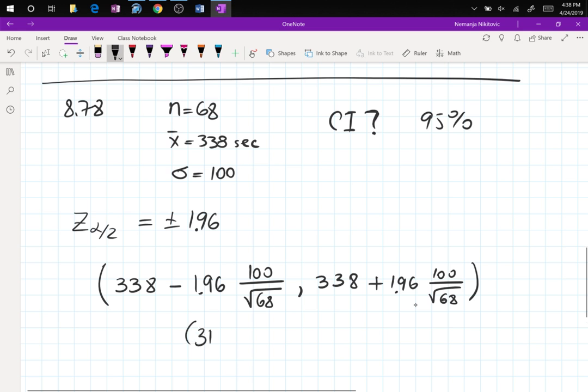Calculator says 314.23. And for the upper one, I just use second entry and change minus to a plus: 361.77.